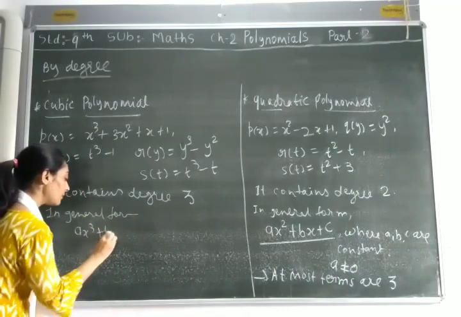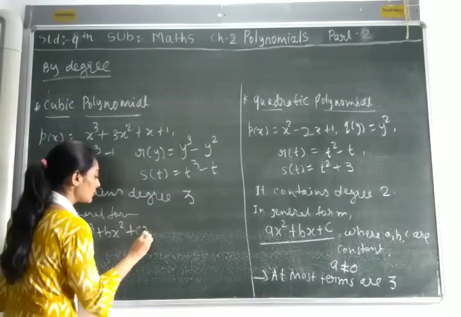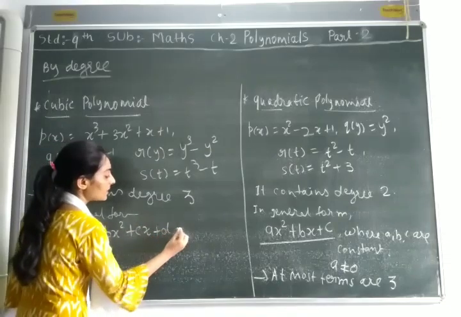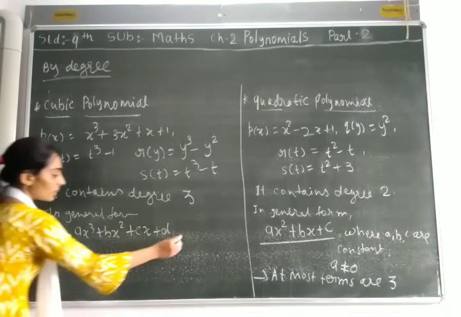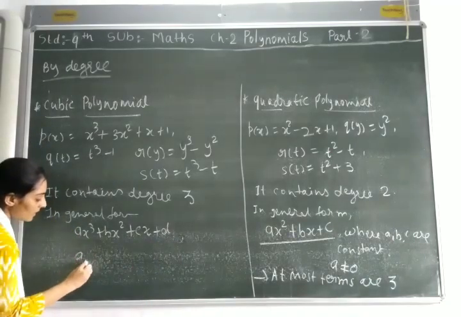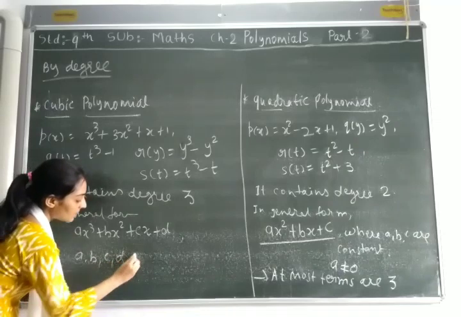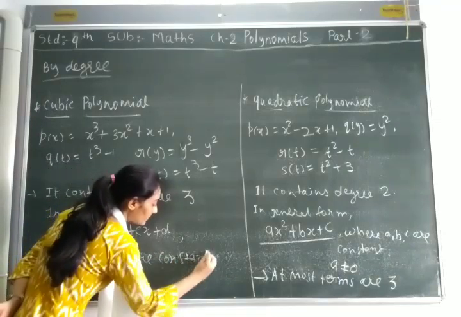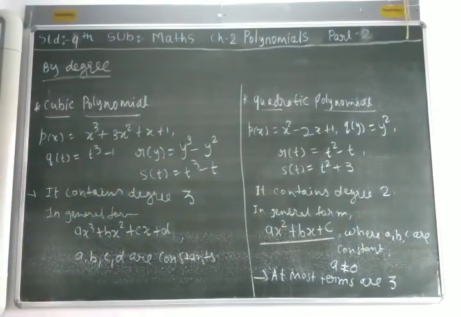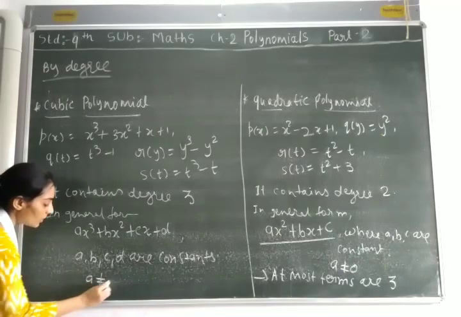Okay. So in general form, ax cube plus bx square plus cx plus d. So here my a, b, c and d are constants, and a should not equal 0.